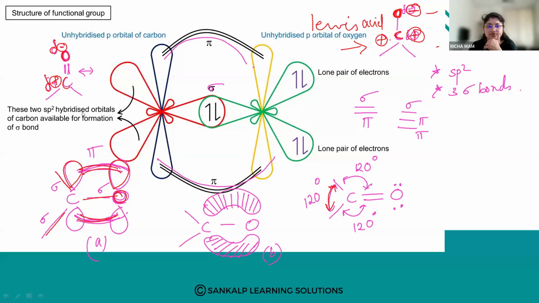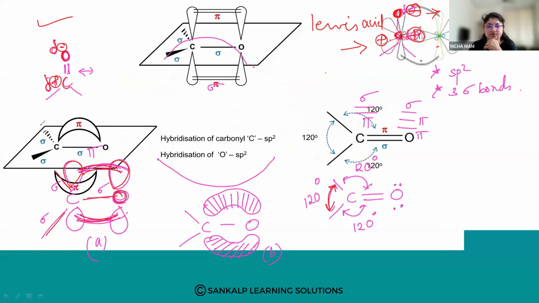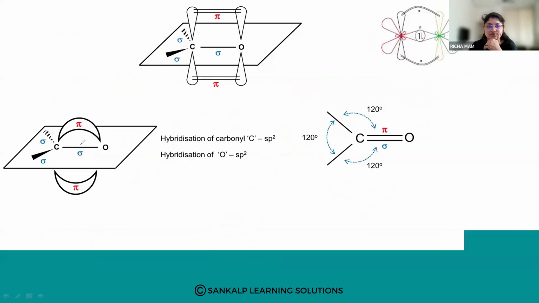Here is what I have just shown you. You can see the three sigma bonds which are in the plane. Then the unhybridized orbitals of the carbon and oxygen overlap and form a pi bond, one above and one below the molecule.